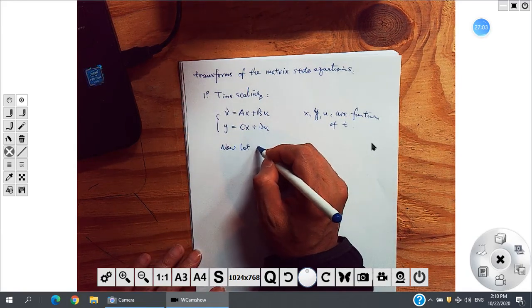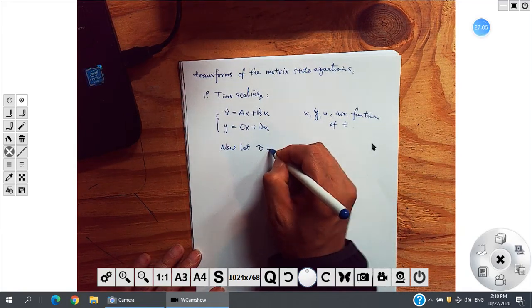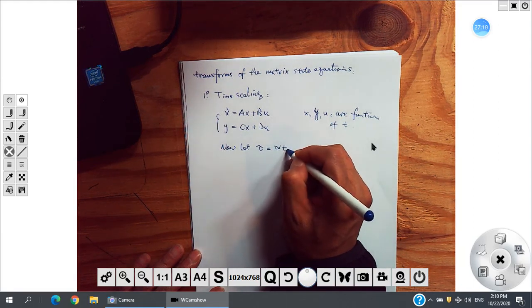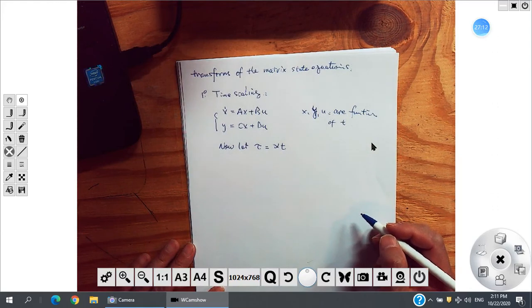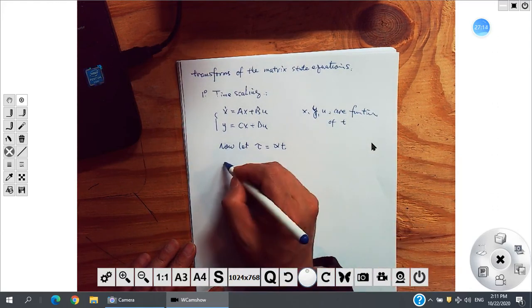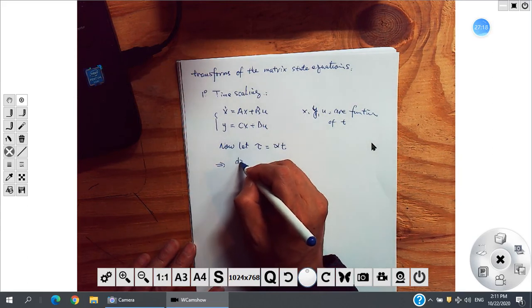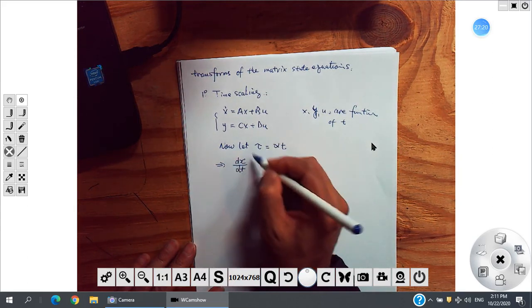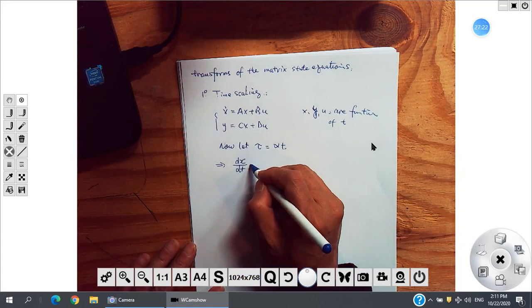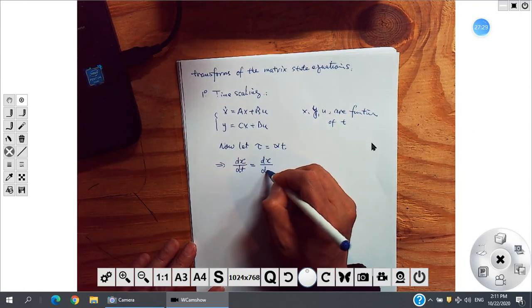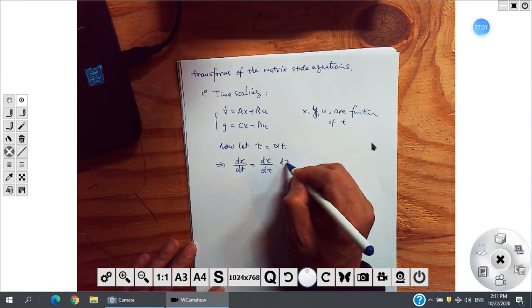I say tau equal to some alpha times t. So alpha is a kind of scale, alpha of t. Then we can have the dx over dt, right, this is the derivative of x. This is a function of x. It will equal dx over d tau times d tau over dt, right?